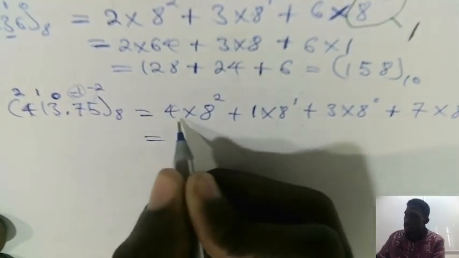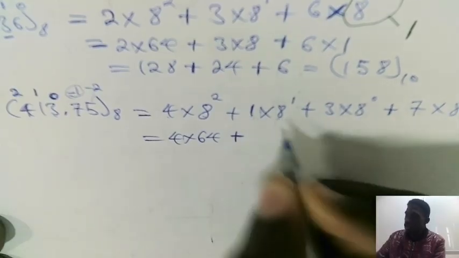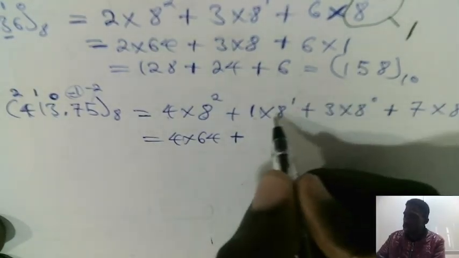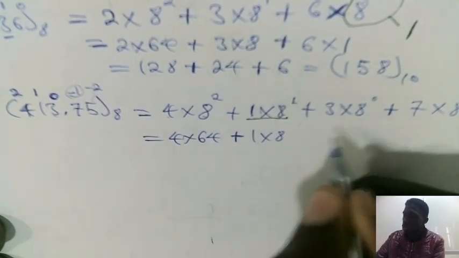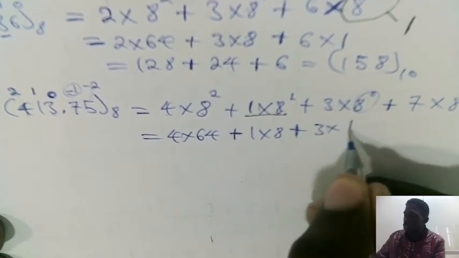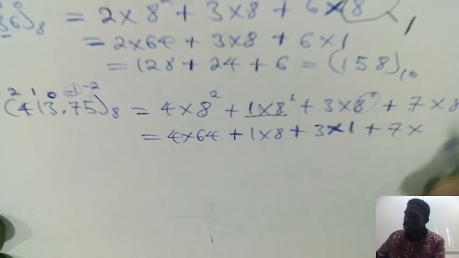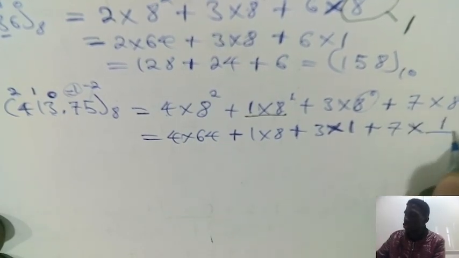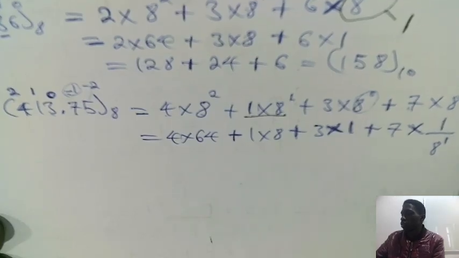Simplifying, we have 4 times 64, plus 1 times 8, because 8 to the power 1 is 8, plus 3 times 1, since 8 to the power 0 is 1. Then we have plus 7 times 1 over 8 to the power 1, plus 5 times 1 over 8 to the power 2.